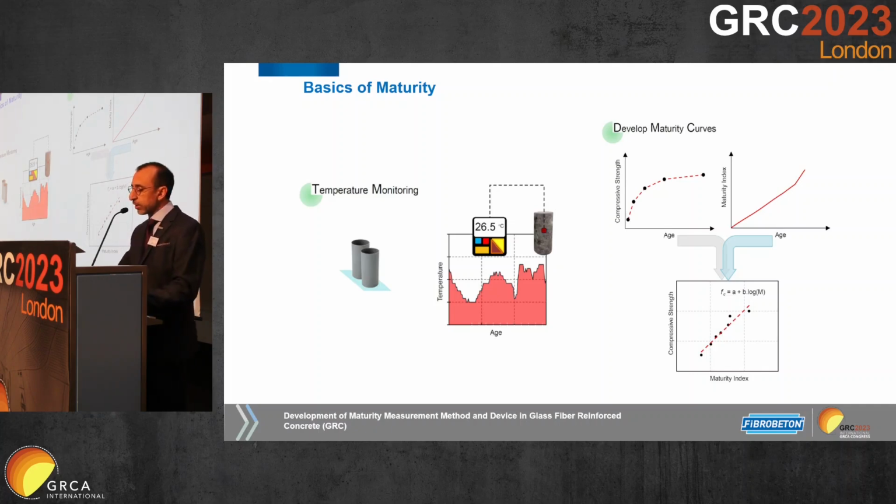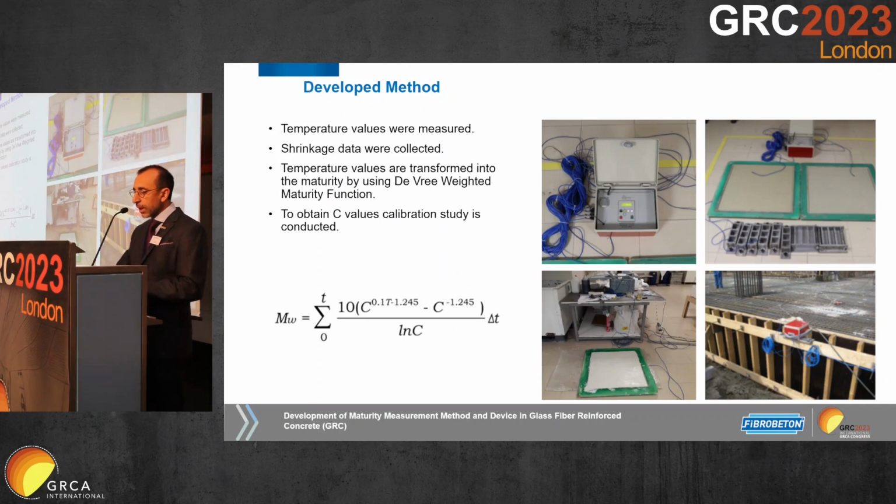The maturity value is converted into bending and compressive strength values. In the current study, as an example, the temperature, shrinkage, maturity, and strength values of the full-size GRC panel were examined, and these results were explained with graphics.